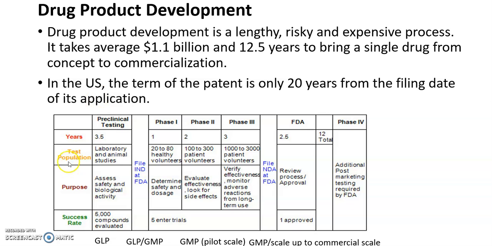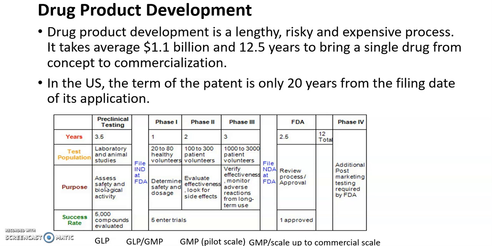And then the developmental stages: of course, your bench idea, and then preclinical testing, to see if your drug molecule is good in terms of its pharmacological efficacy. You're going to test it on in vitro cell lines or animal models like mouse or chimpanzees, and see if it's effective.